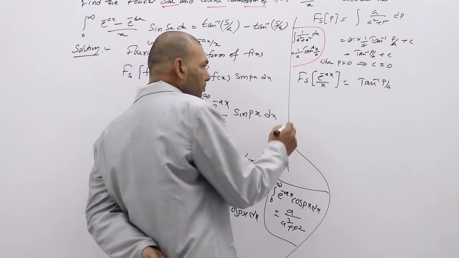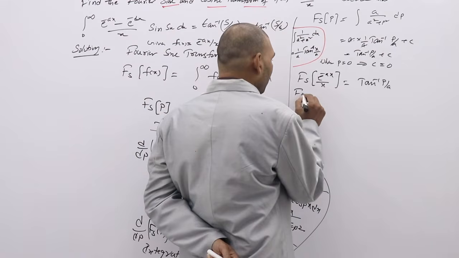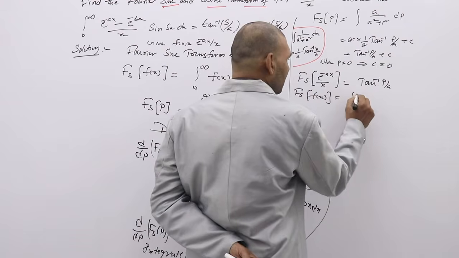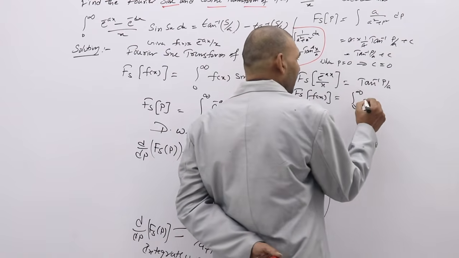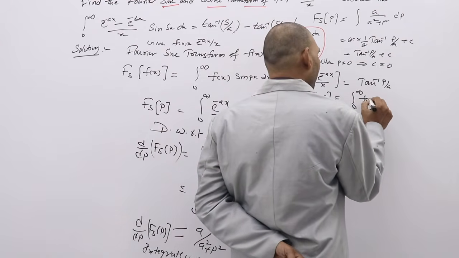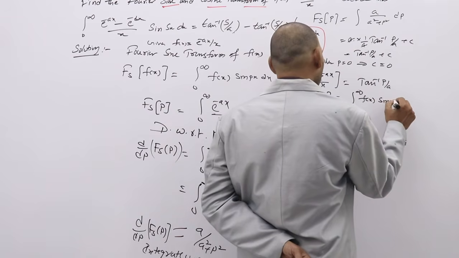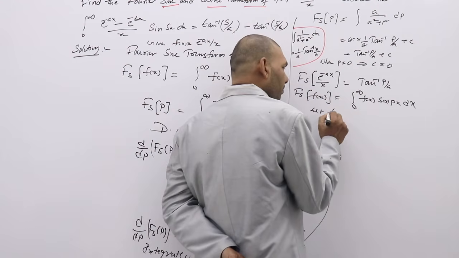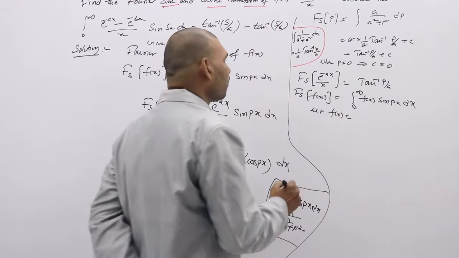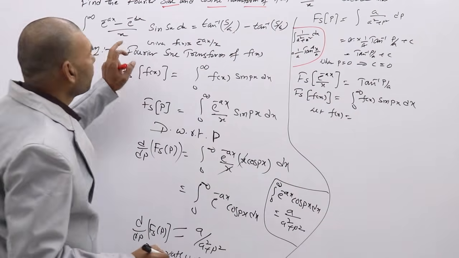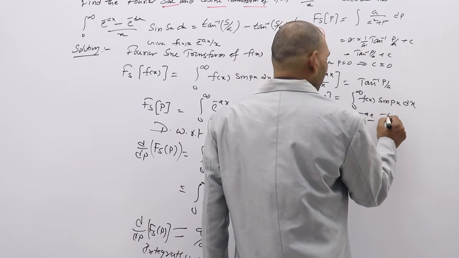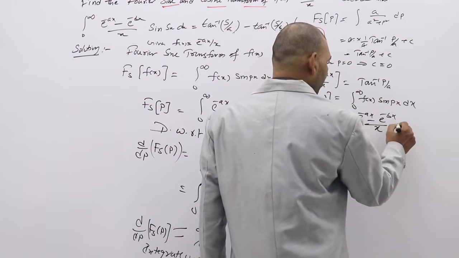Now we know the Fourier sine transform of f of x is integral 0 to infinity f of x into sine px dx. Let us take f of x to prove this: f of x is e power minus ax minus e power minus bx by x.